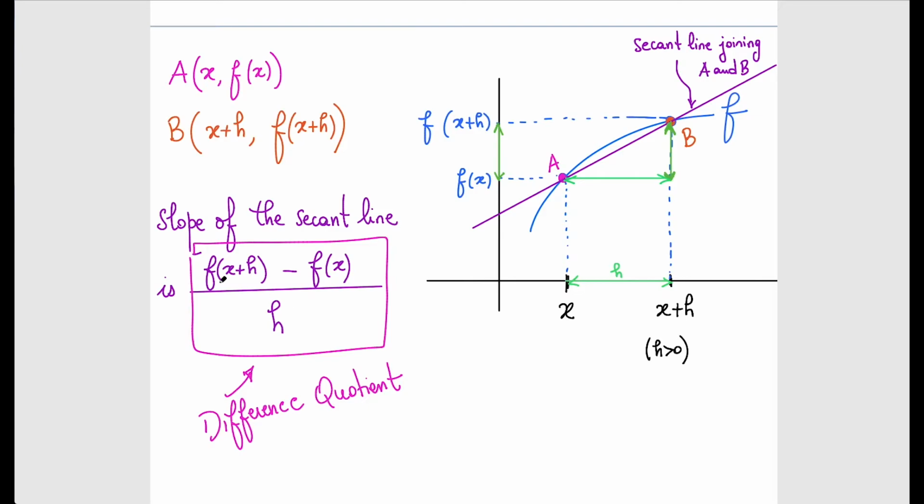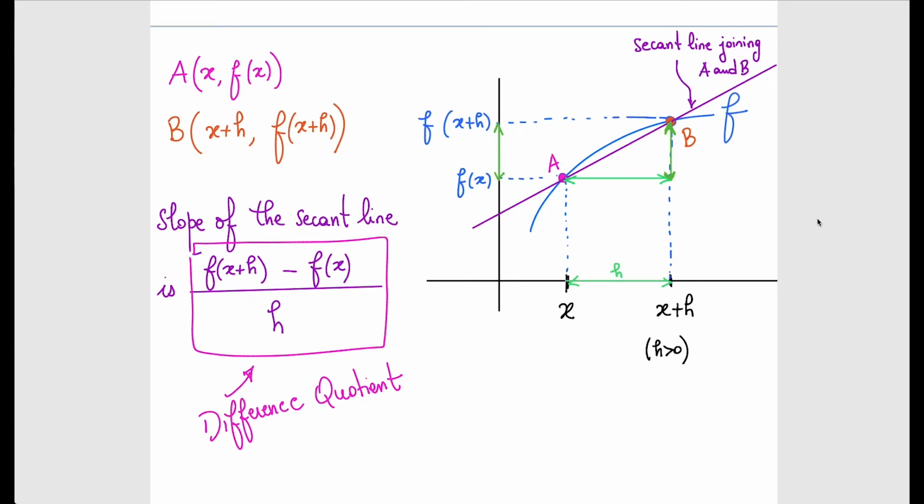So long story short, this quotient, which has a name, difference quotient, is simply the slope of the secant line joining the point whose coordinates are x comma f of x and the point whose coordinates are x plus h comma f of x plus h, right? So this is the average rate of change between the points A and B.